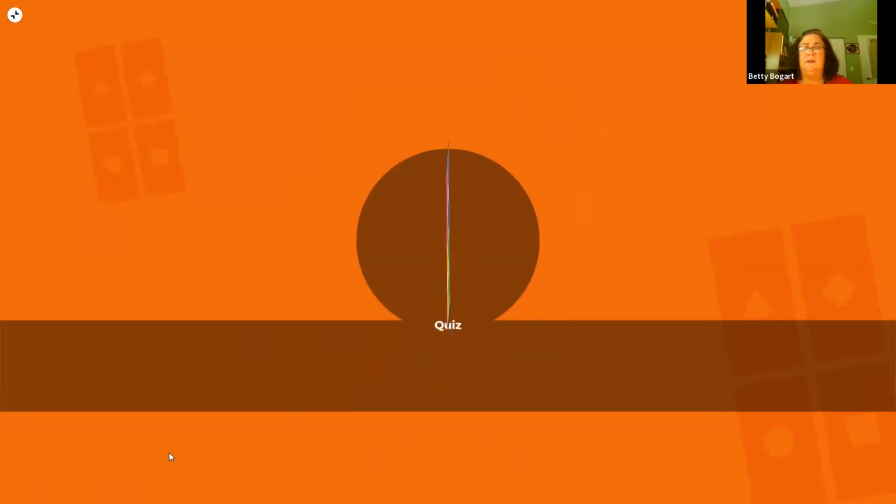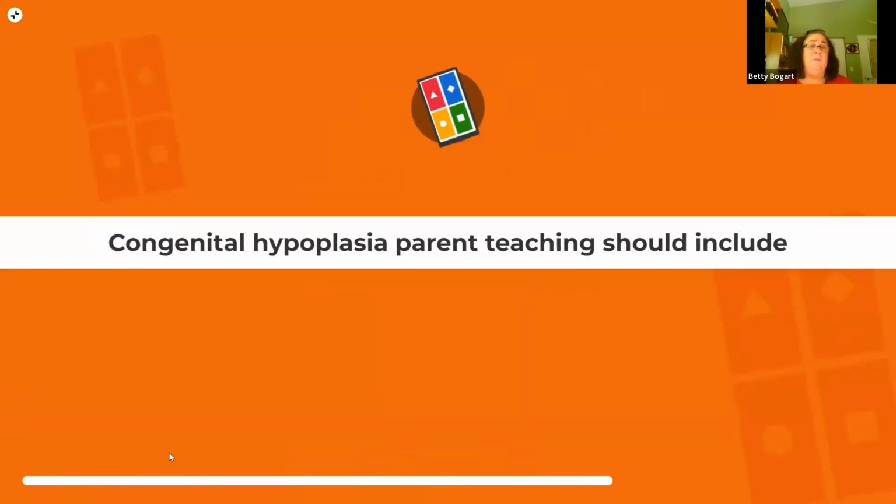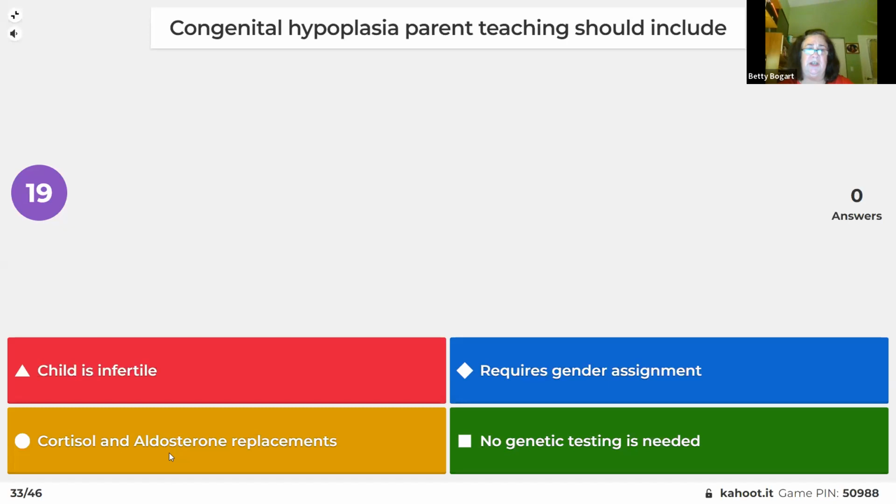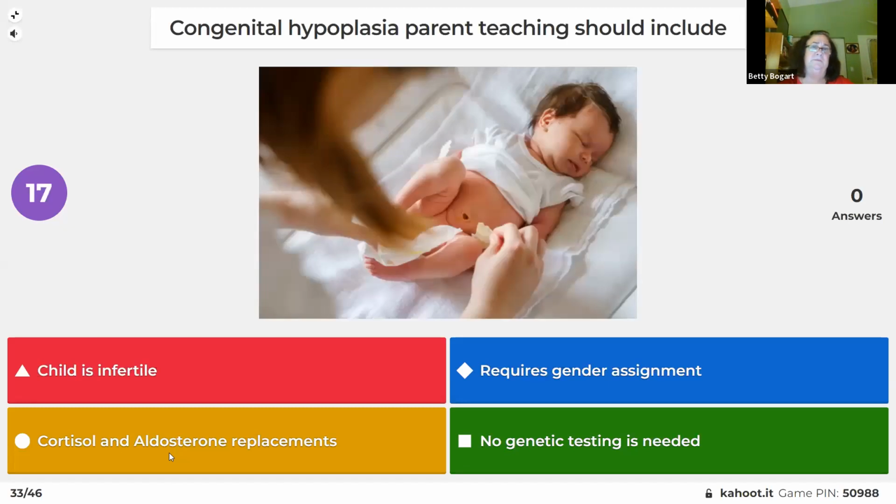A multi-select. Congenital hypoplasia parent teaching should include. Now, there's something that happens with infants, and it has to do with gender assigning hormones in the body. Sometimes the body doesn't have enough of the hormones needed.